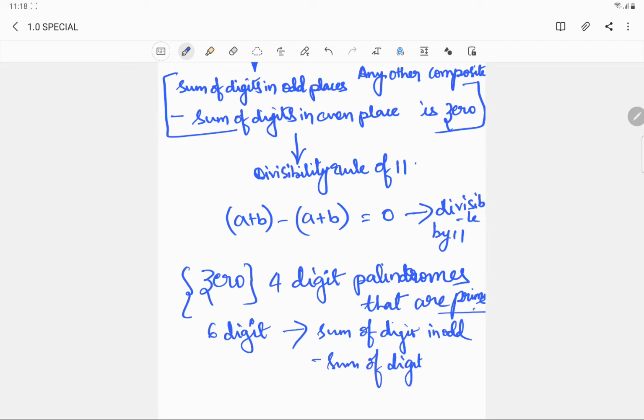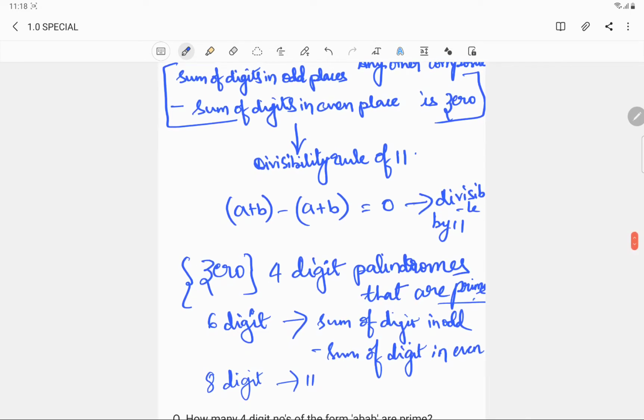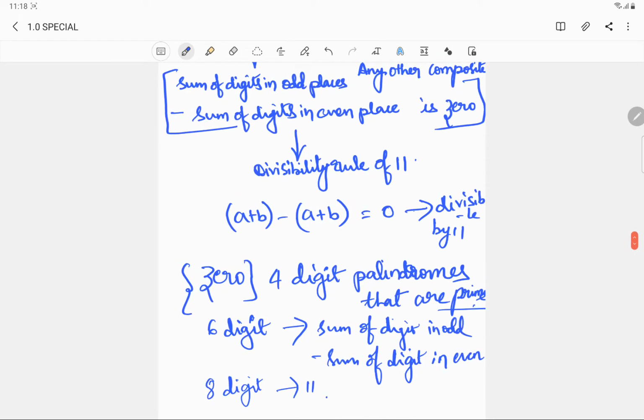So this will also be divisible by 11. Similarly, an 8-digit palindrome will also be divisible by 11. So an even-digit palindrome will always be divisible by 11. So there won't be any prime numbers if it is an even-digit palindrome.